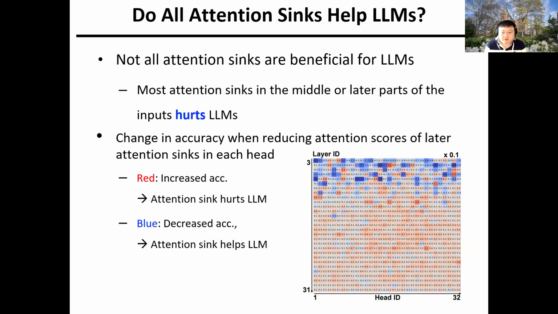We found that for the majority of attention heads in later layers, removing the excessive attention in later attention sinks actually helps with the performance, indicating that at least the majority of attention heads in a large language model do not need this kind of attention sink in later tokens.